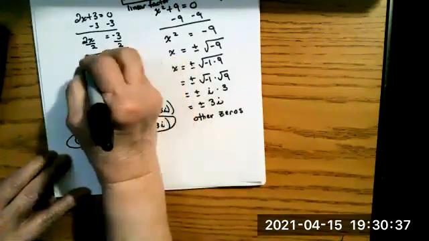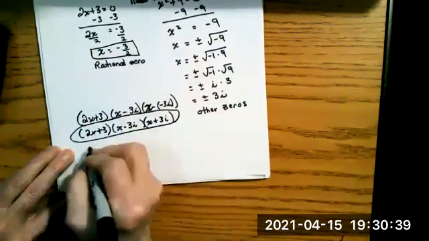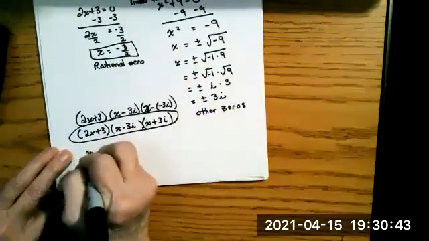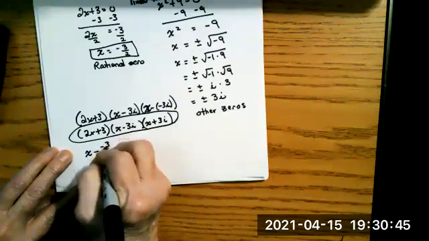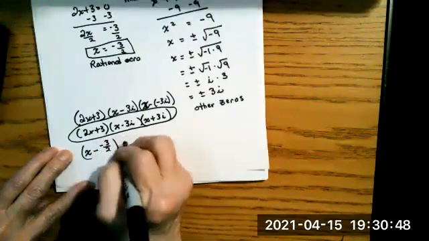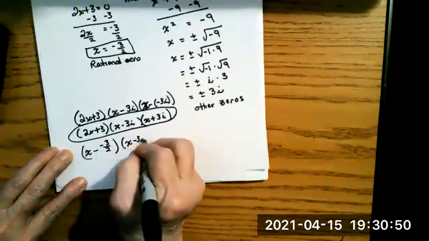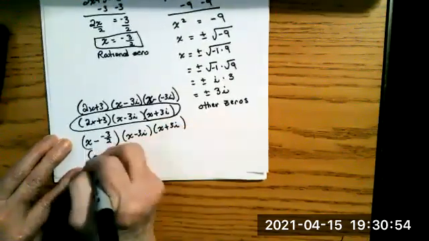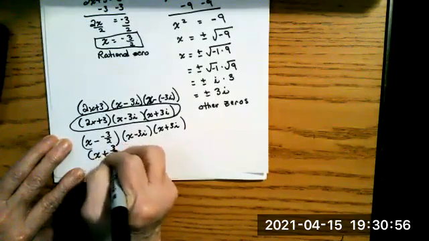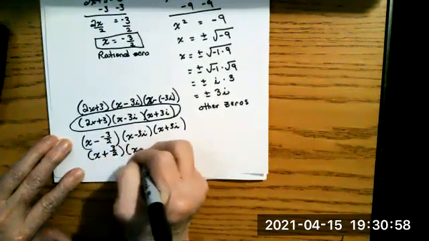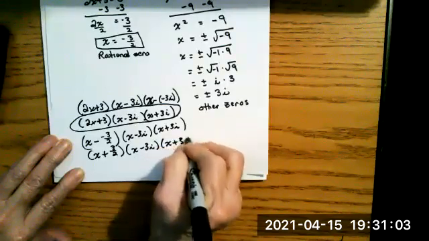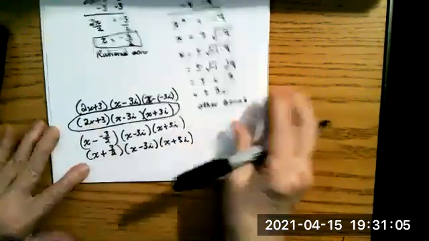If you want to do it from this point right here, you can. You can say x minus this root, x minus a negative 3/2. Then you'll have the x minus 3i and the x plus 3i. And this is going to be x plus 3/2. Now see, these are different. This is a different factor than this one up here because this one had the 2 in it.